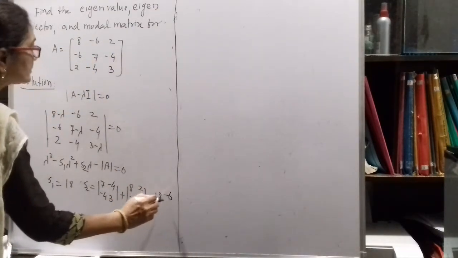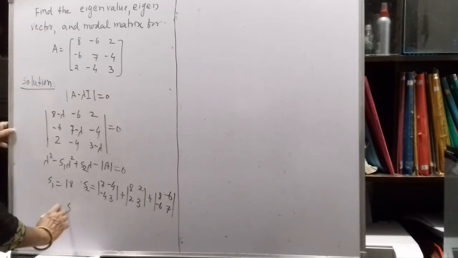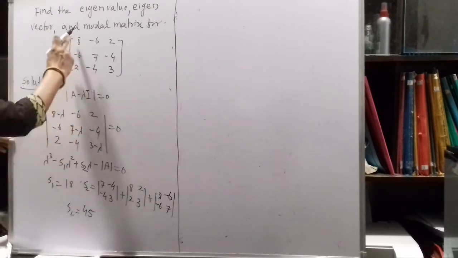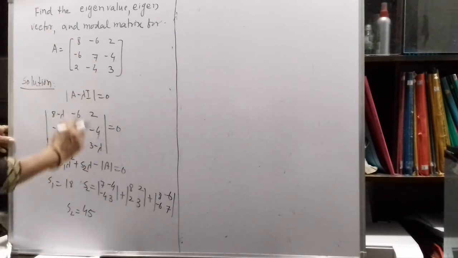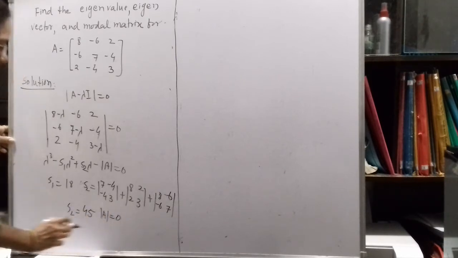By solving these we get S2 is equal to 45, and solving the determinant, we find determinant of A is 0.